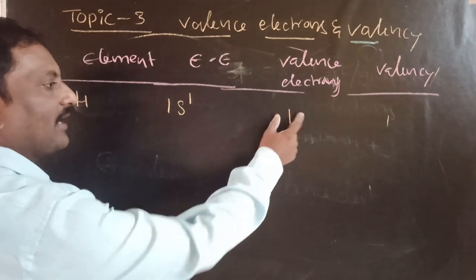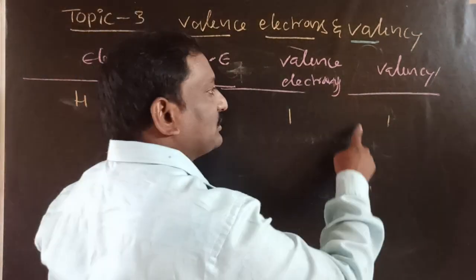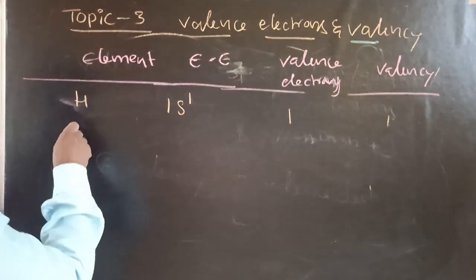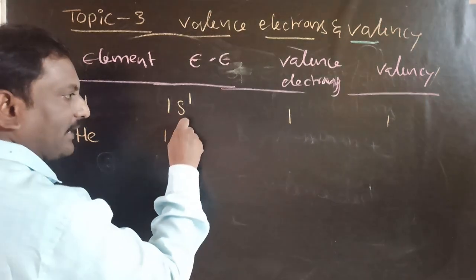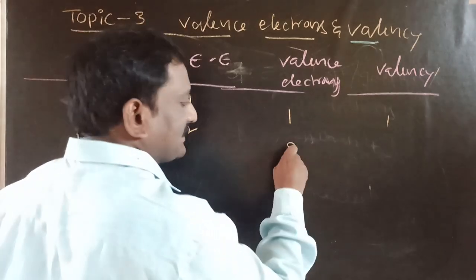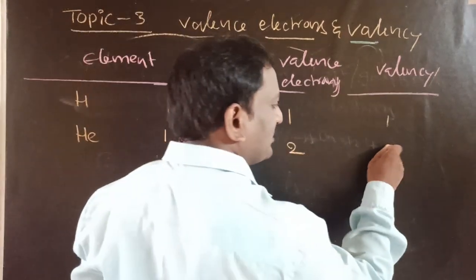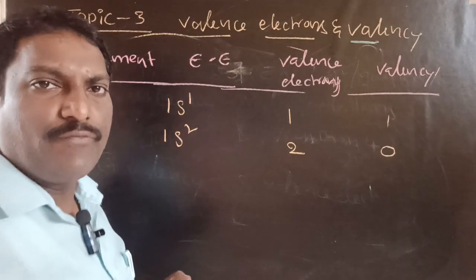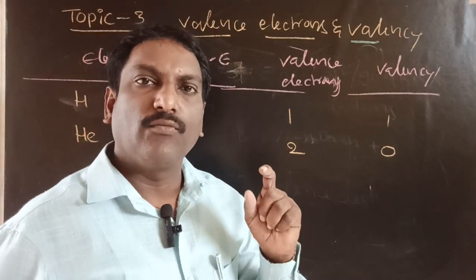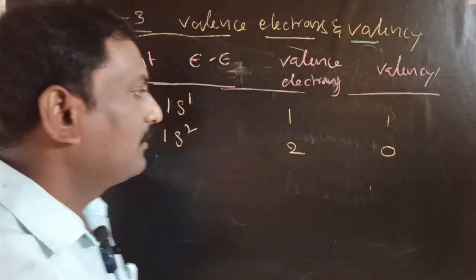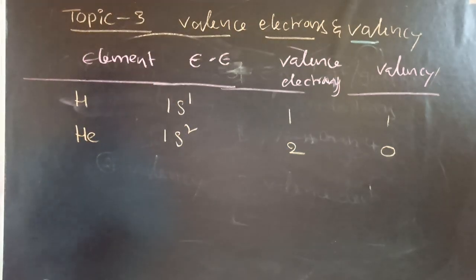Here hydrogen has 1 valence electron, so valency is also 1. Next one, helium. Electronic configuration 1s2, 2 valence electrons, but the valence of helium is 0, an exception because helium is a noble gas. So all the noble gases have valency equal to 0. Please remember that.